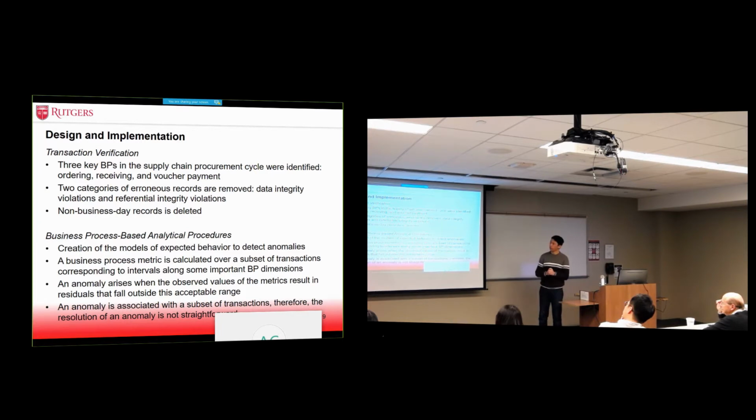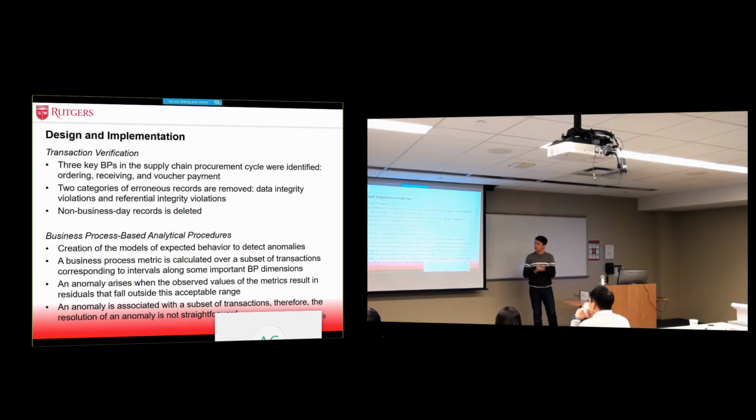First, before going to the second part, as a part of the first, transaction verification, the error data that were removed had two types. The first is data integrity violations, and the second is referential integrity violations. Data integrity violations might have illogical values in some fields, for example, negative ordered quantities or zero amounts, while other fields are other than zero.